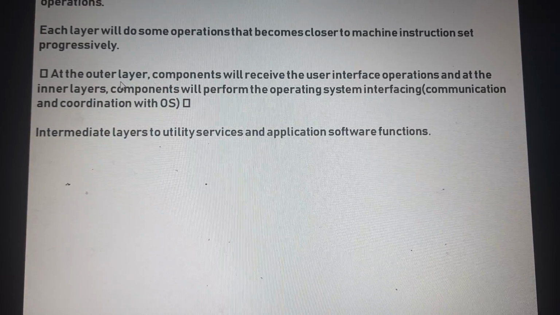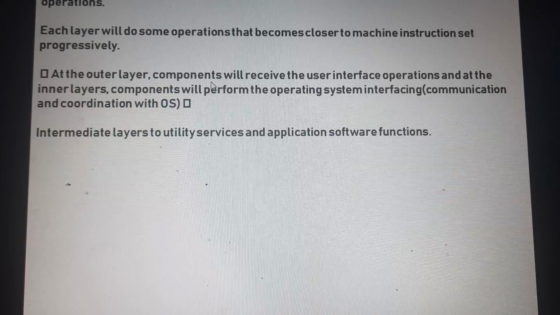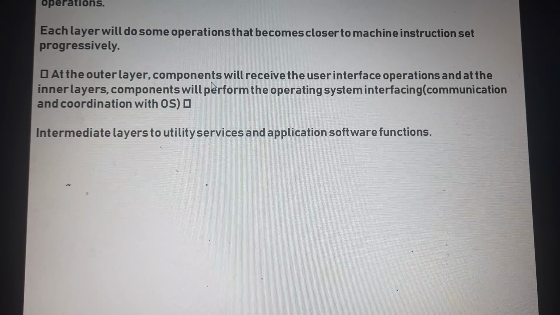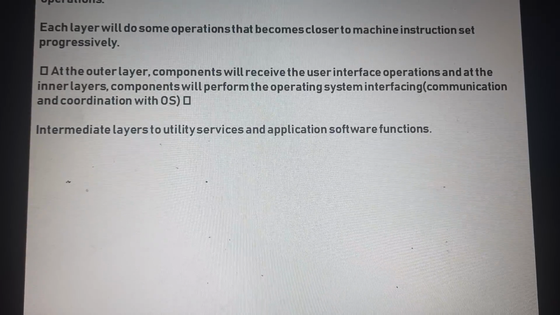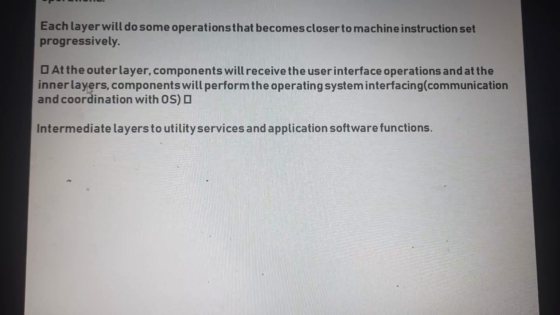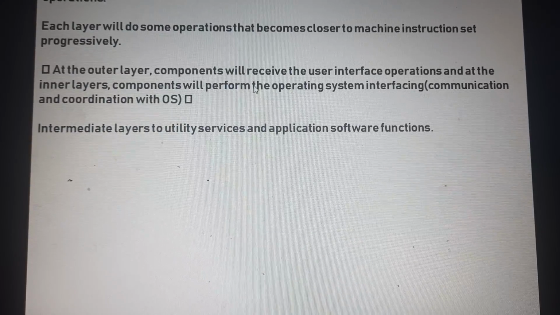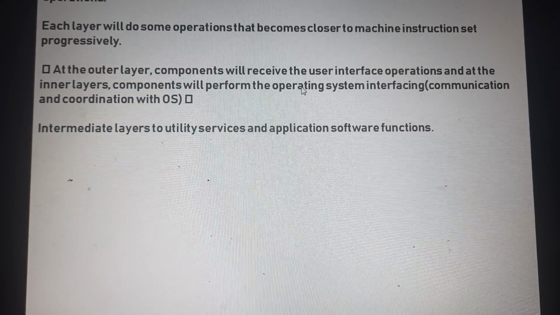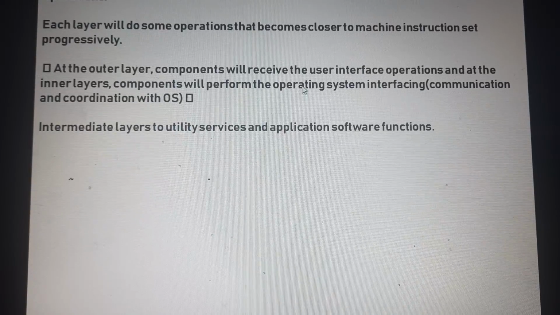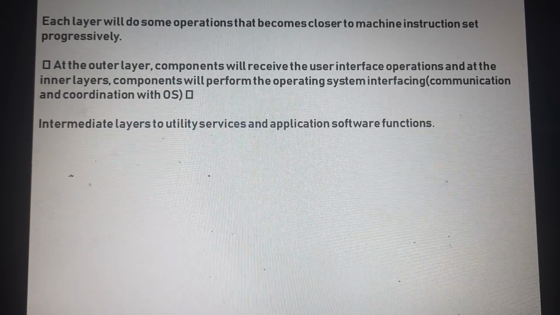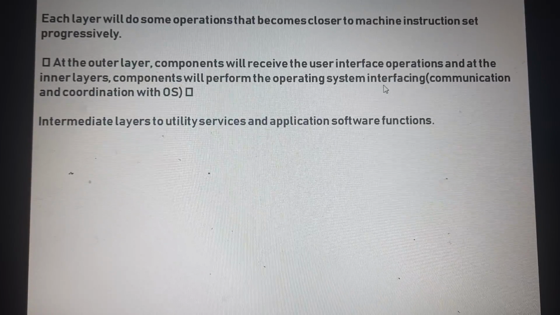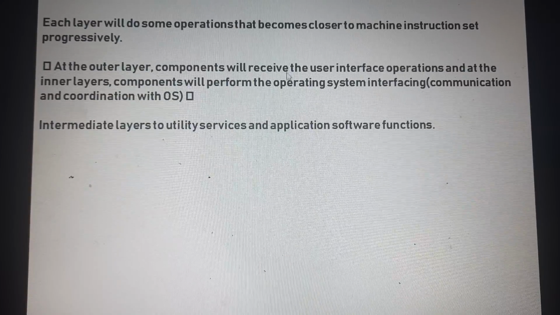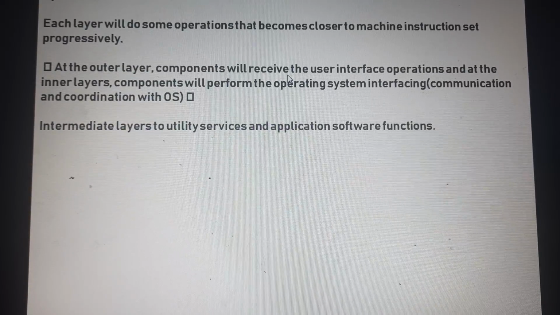Now see, at the outer layer, components receive user interface operations, and at the inner layer, components perform operating system interfacing. The inner layer is used for communication and the outer layer is used for operations.